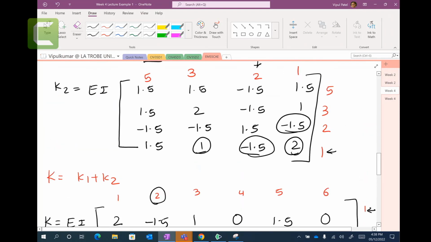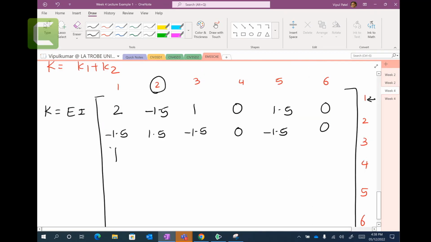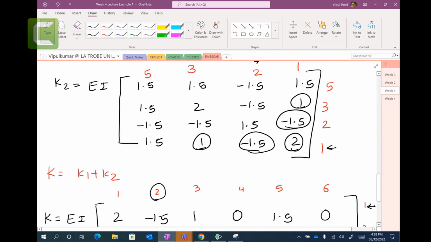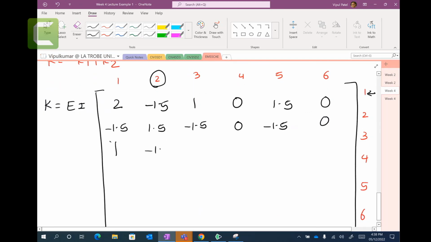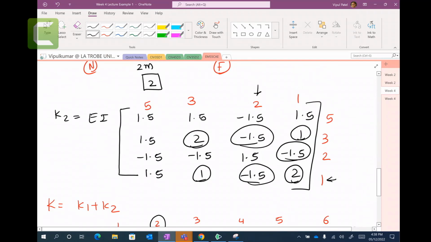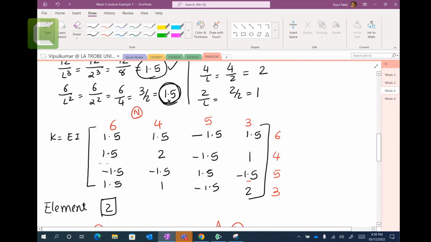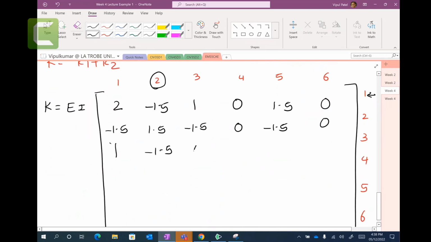Now row 3, column 1 is 1. Row 3, column 2 is minus 1.5. Now column 3, row 3 is 2 here and 2 here, so 2 plus 2 is 4.